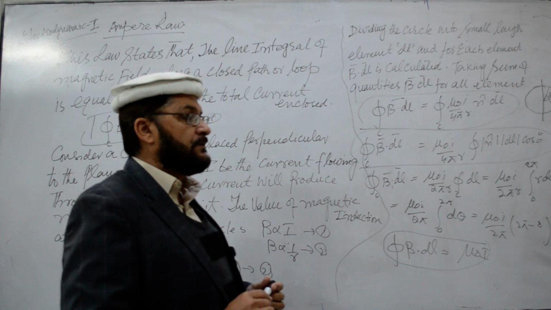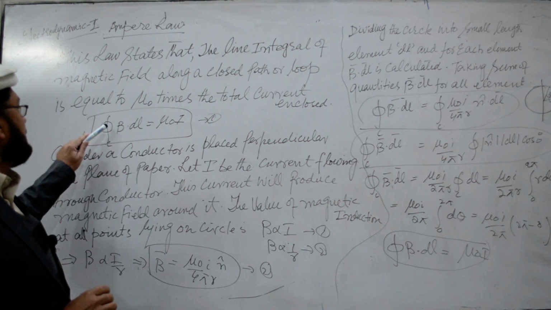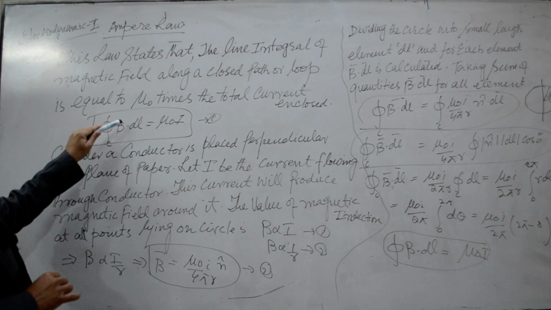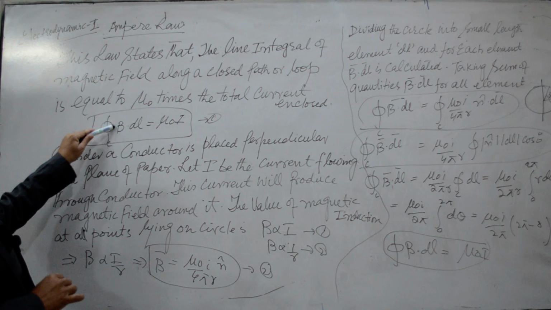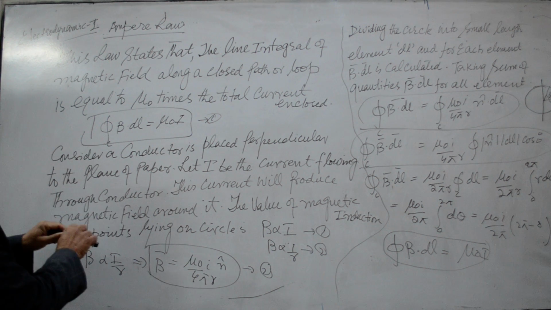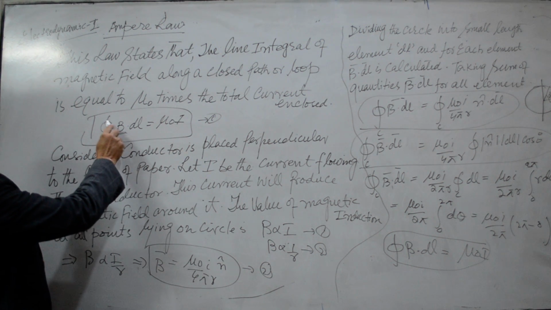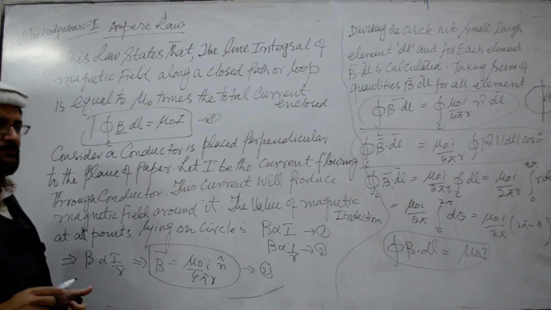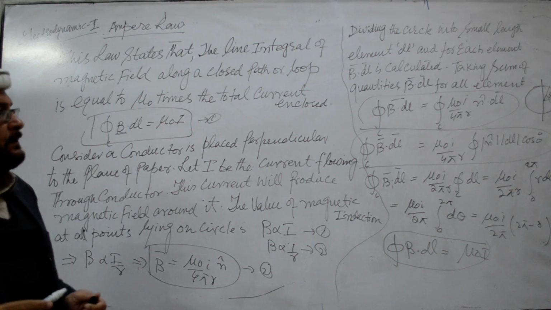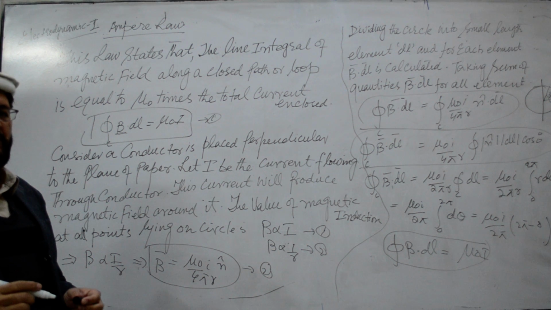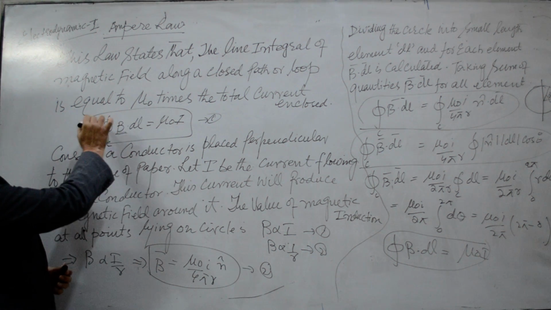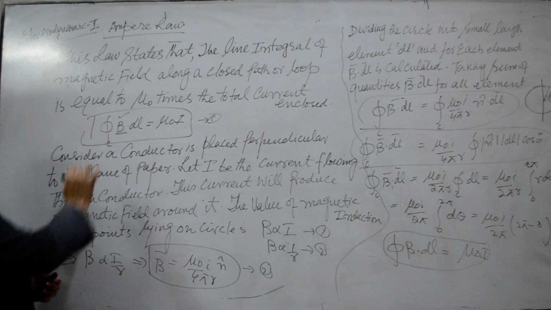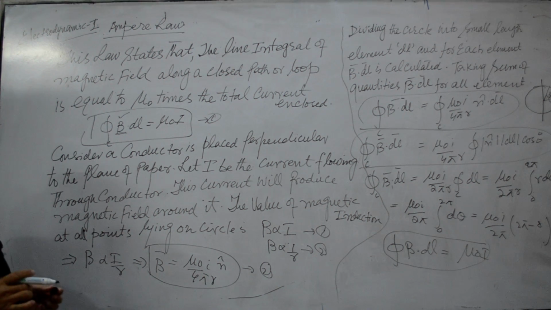So what does Ampere law state? Ampere law states that the line integral of a magnetic field along a closed path or loop is equal to mu naught times the total current enclosed.